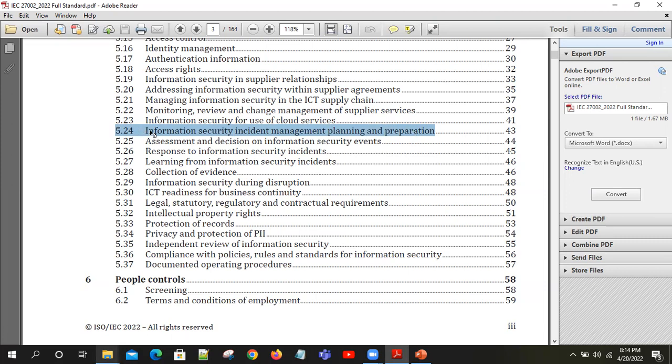In the same way, there are assessment and decision, response to information security incidents, learnings from incidents, collection of evidence, and information security during disruptions. These are the different clauses. So 5.25 to 5.28 talk about the incident handling process within the organization. This is the way we can handle the incident within the organization.